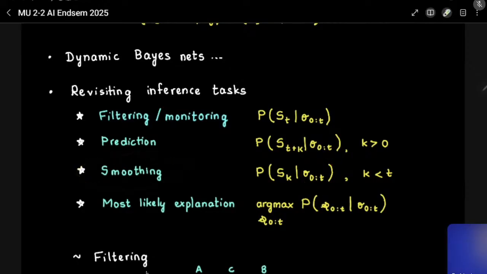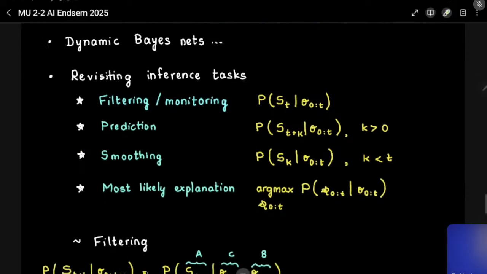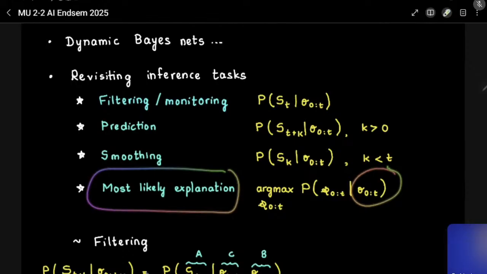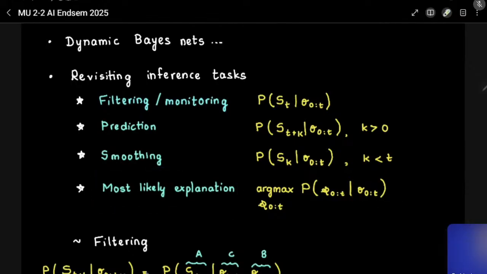The fourth kind of question is: what is the set of hidden states that could have possibly given rise to these observations? There could be many sequences of hidden states that could have given rise to this specific sequence of observations, but the fourth question is more interested in which combination of hidden states will give rise to the maximum probability.